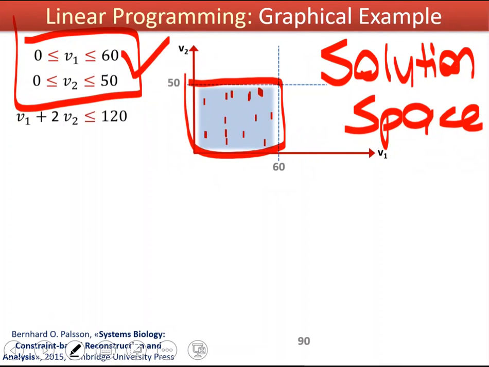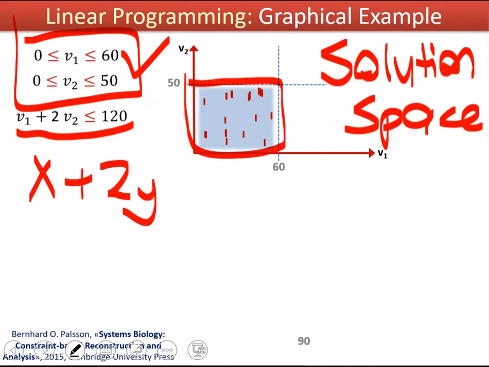We have one more constraint. V1 plus 2V2 must be smaller than 120. This is high school information actually. So if you have something like this, we know that this corresponds to a line in a two-dimensional system, right?